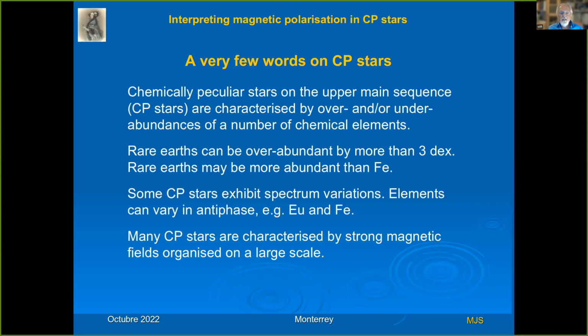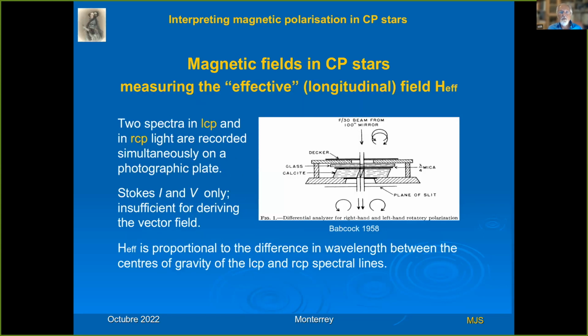And many CP stars, and that's the most important thing, are characterized by strong magnetic fields that are organized on a large scale and which give rise to very important circular and linear polarization.